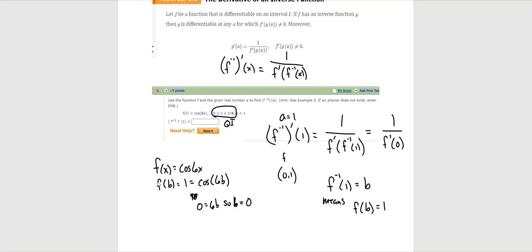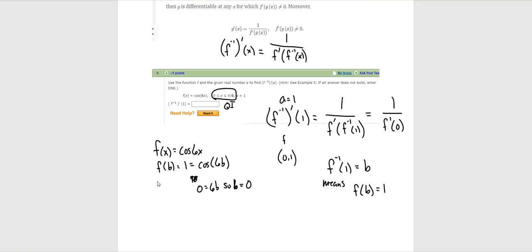So if this is our original function, and I'm trying to keep it all on one page for some strange reason, my derivative of cosine of 6x: derivative of cosine is minus sine. Leave the inside alone. Multiply by the derivative of the inside. I like to write that better as minus 6 sine of 6x.